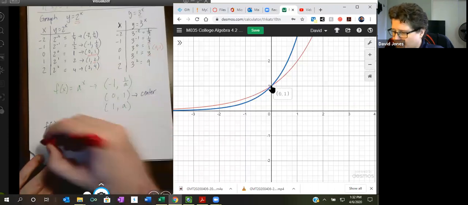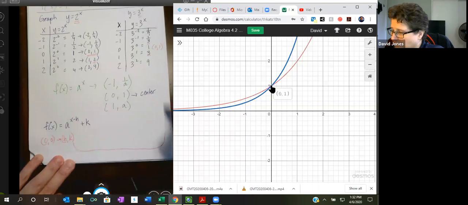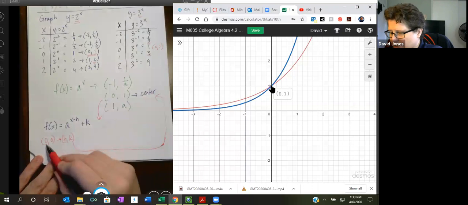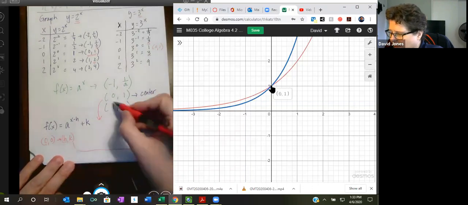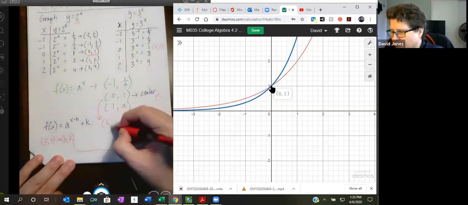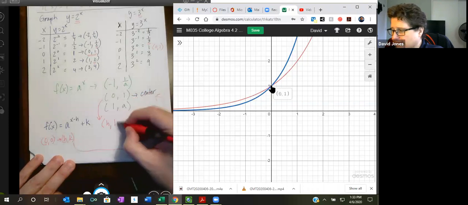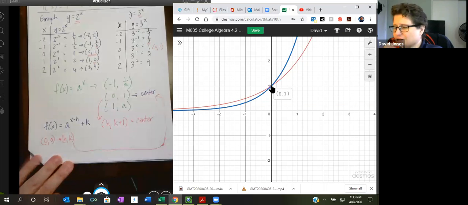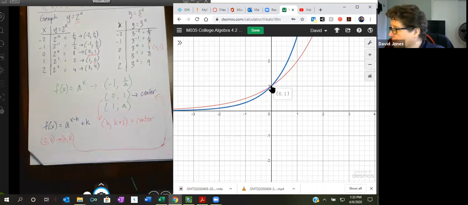How does that translate here? Well, we added h to 0, we added k to 0. Here we're going to add h to 0, we're going to add k to the 1. And that becomes our central point. That's the new center. And then you just do this shift to the left and right of it.